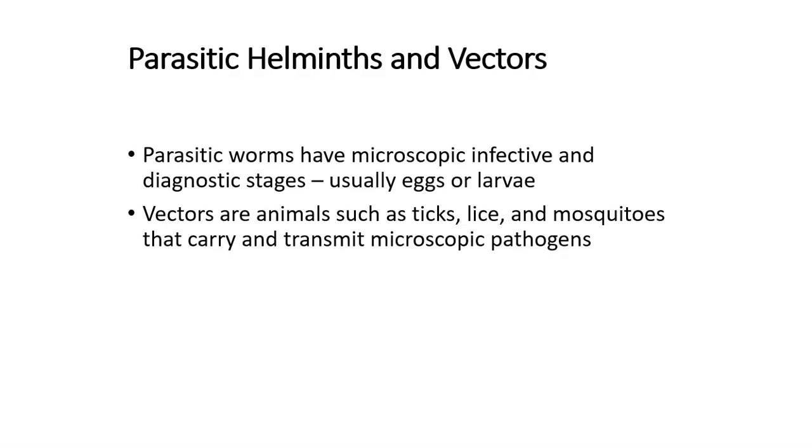And you can get the eggs or the larvae, and that will help us look for it again. We're going to do this via an ova and parasite exam. So we're going to be looking for these eggs, or we may get a piece of tissue, and the pathologist will look at that. The vectors are animals that carry and transmit these pathogens.